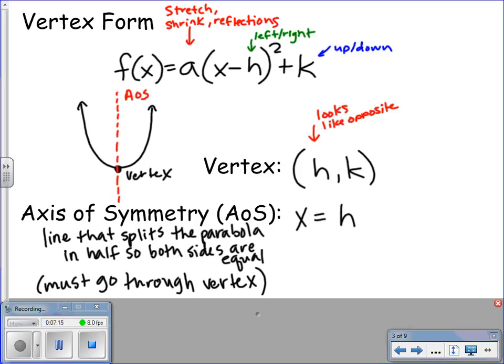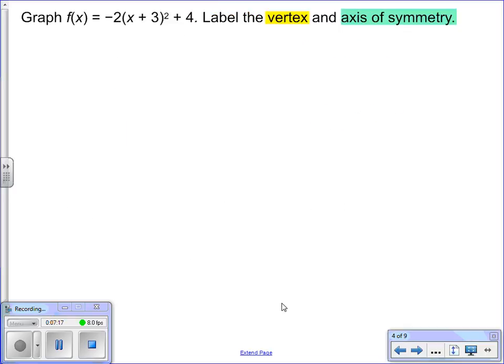Let's look at an example. We're going to do this function, f of x equals negative 2 times the quantity x plus 3 squared plus 4. And we're going to do two things. We're going to label its vertex. We're going to label its axis of symmetry.